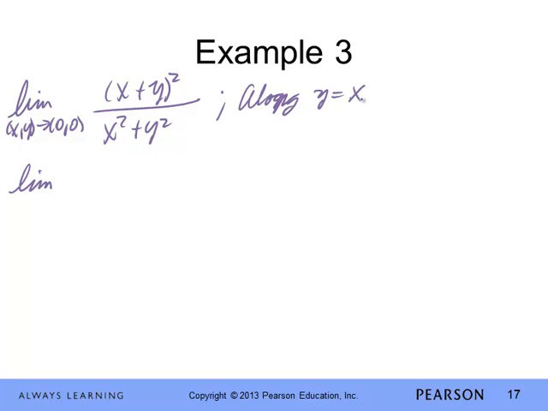Along the path y equals x, that means either x equals y or y equals x. And when you do that, you substitute y for x or x for y in the function. So I'm just going to replace y by x in the function, and then that will give us a single variable limit.